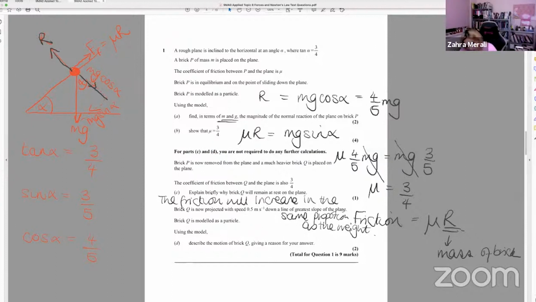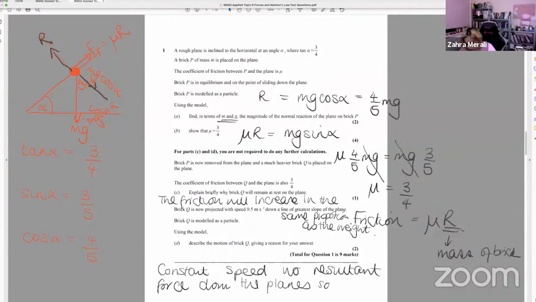So it's going to move at a constant speed as no acceleration, let's say no resultant force. So there's no force pushing it down the plane. So no acceleration.